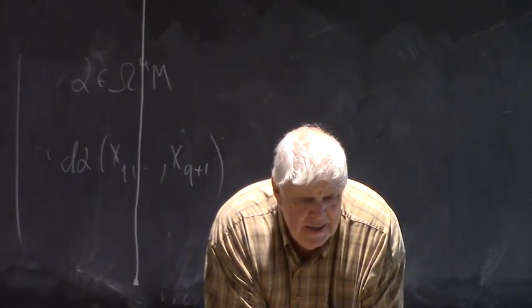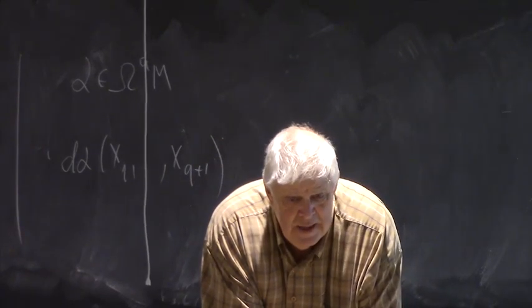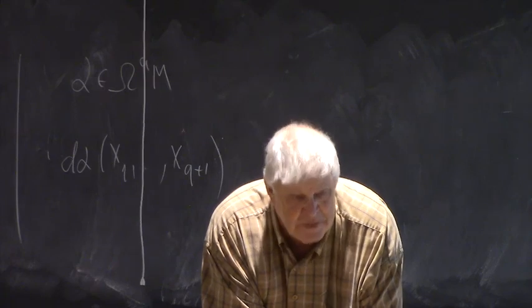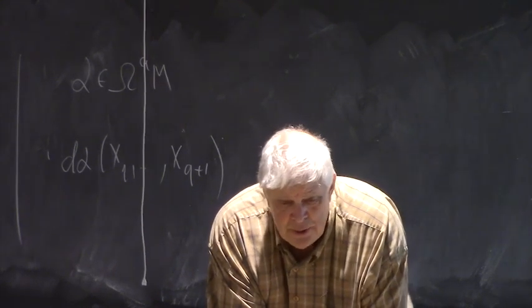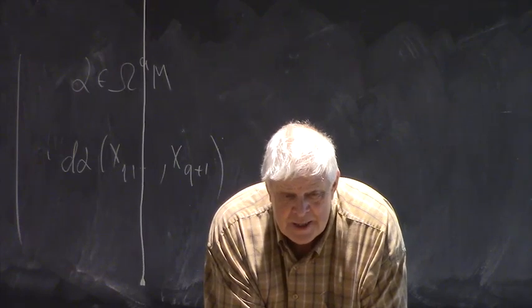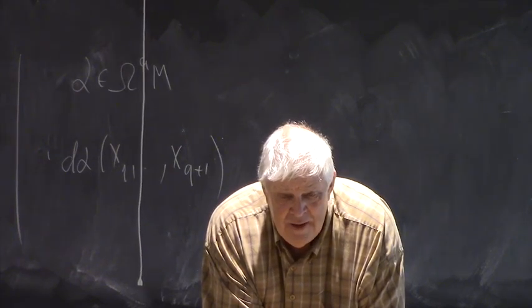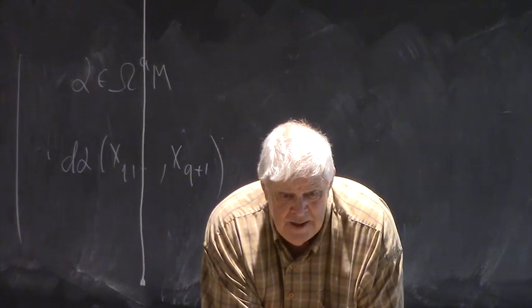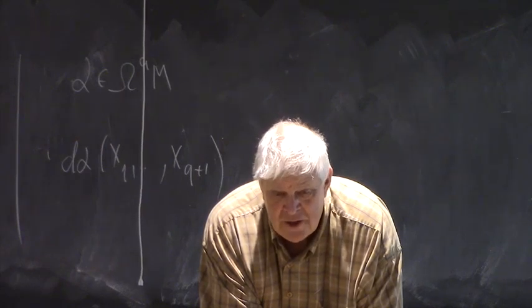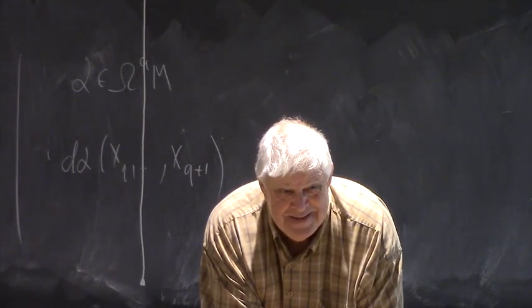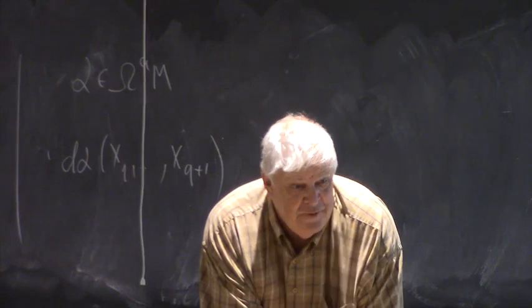And it is determined in terms of alpha by the following formula. To write this formula, first let us think a little bit. We have at our disposition a function of q vector fields. And now we need to create a function of q plus 1 vector fields.